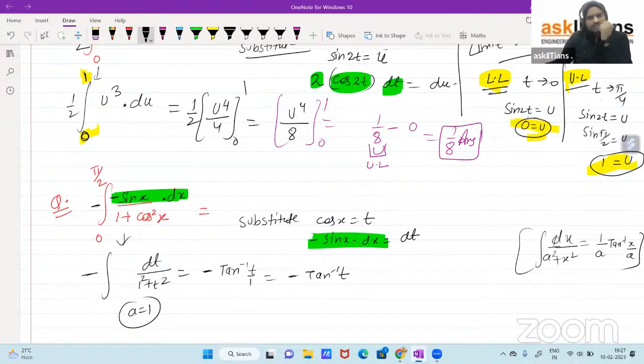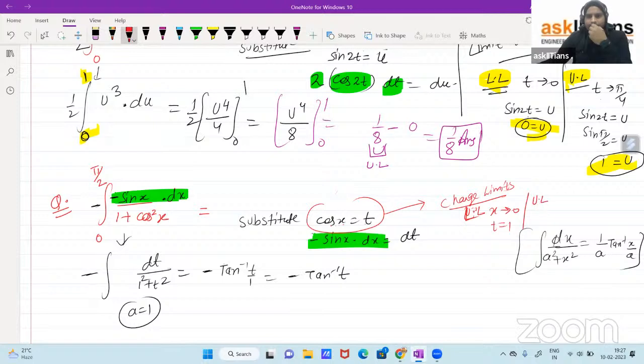Now it is your choice, you can do back substitution of the variable or you can change the limit. My suggestion is that you change the limits in this question. So for your lower limit, when x approaches 0, t will approach cos 0, which is 1, correct?